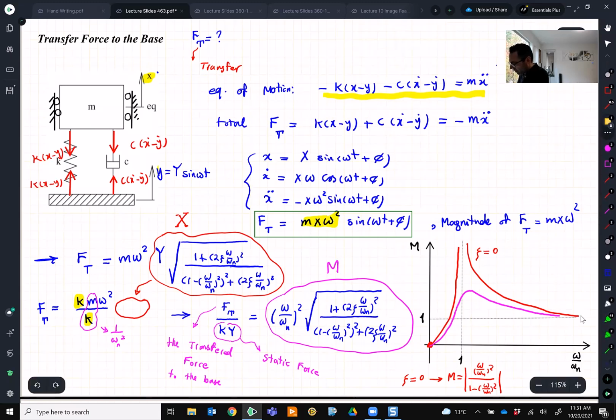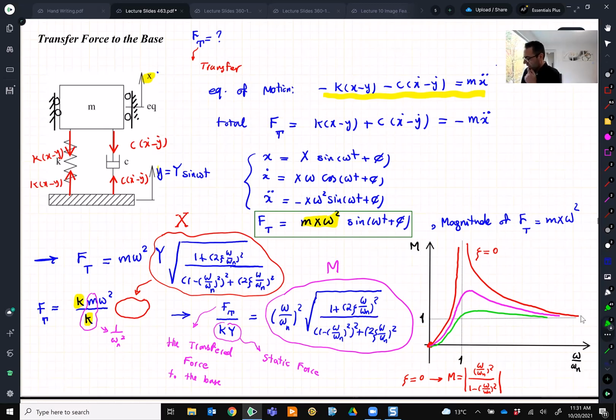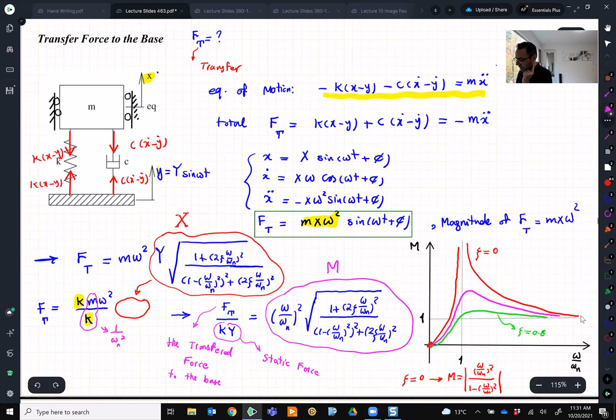Here I'm just showing it schematically, so you will see how they look. All right, so this one is, for example, zeta equal to 0.8. I just made up these numbers, so you need to plot them with graph. This is, for example, zeta equal to 0.3.